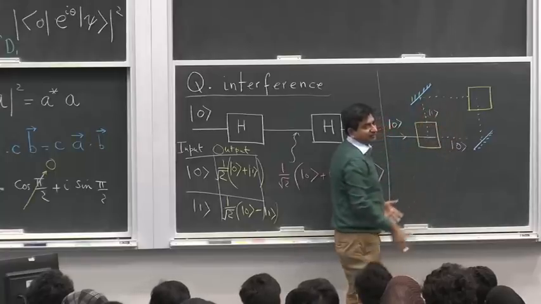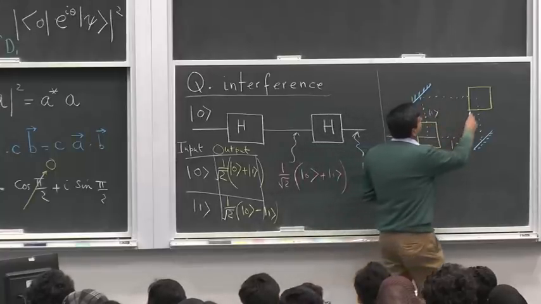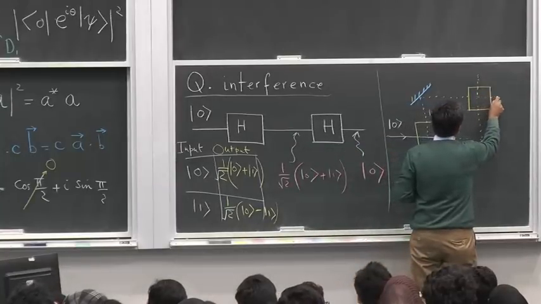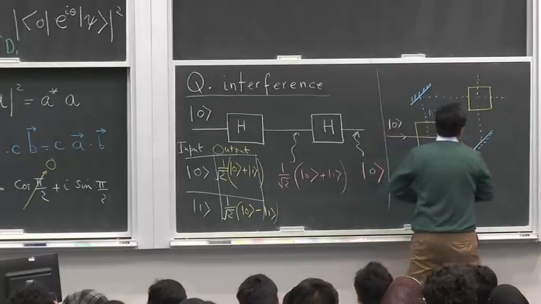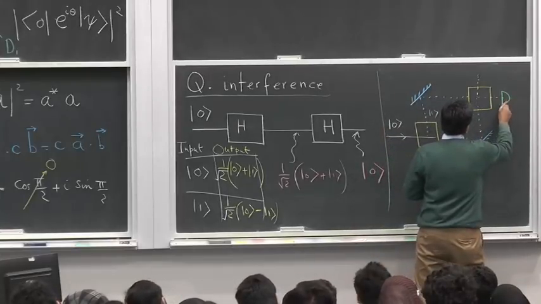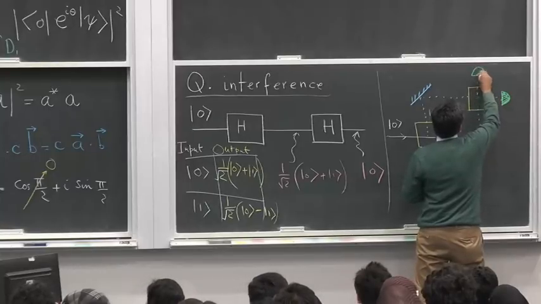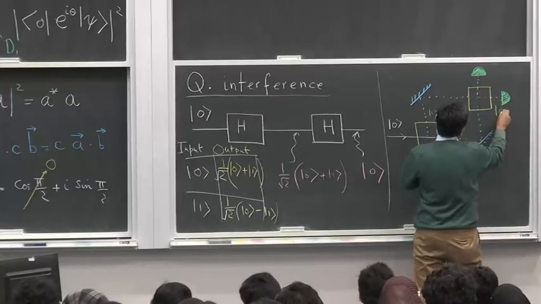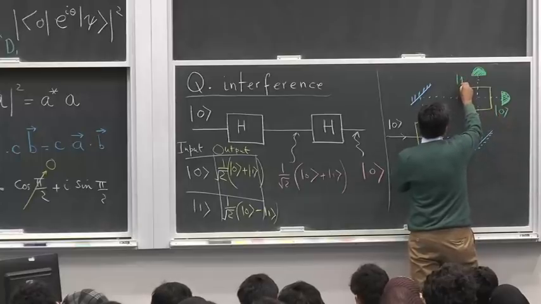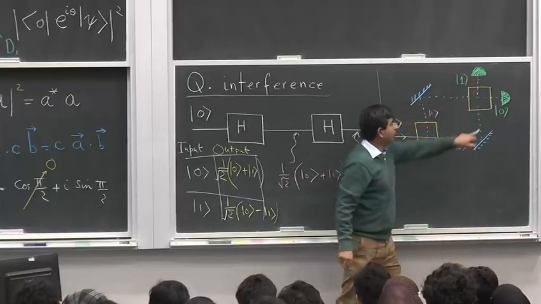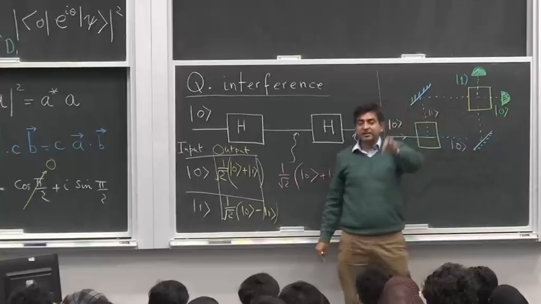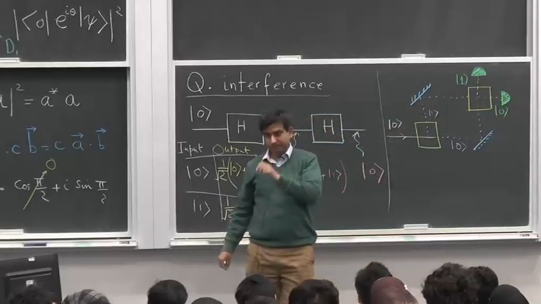Something happens here, and then the output, what we observe, is that if we have two detectors, one labeled path 0 and one on the channel labeled path 1, only one of the detectors is going to click with 100% probability.